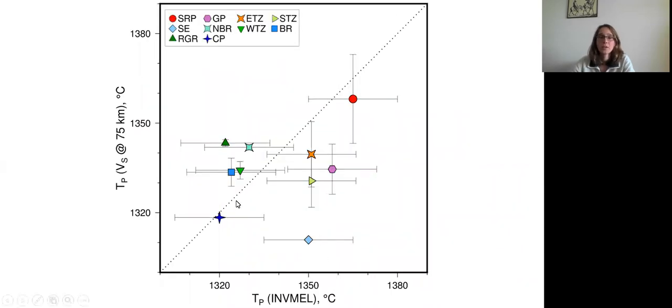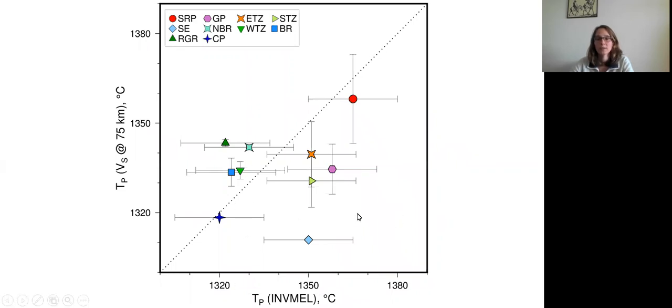So just a direct comparison between the temperatures calculated from the shear wave velocities on the y-axis against potential temperatures calculated from the geochemical modeling. The dotted line is a one-to-one line just to guide the eye. And I've noted that this is quite zoomed in.